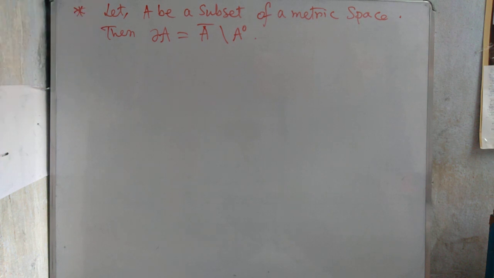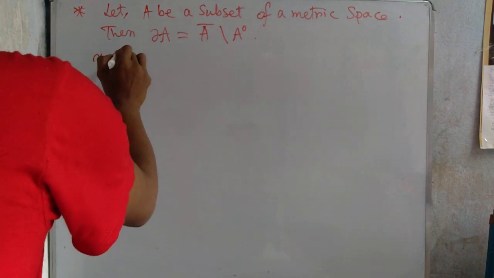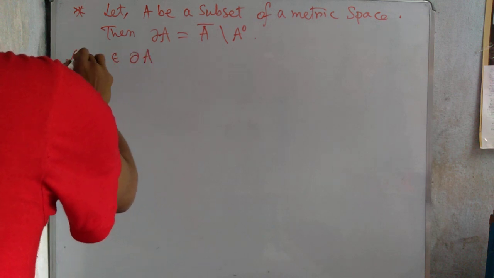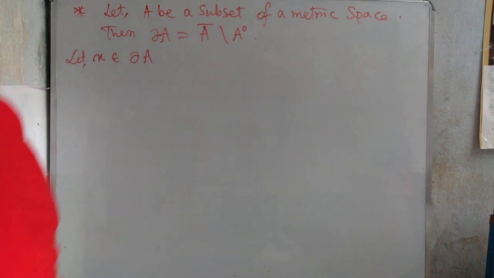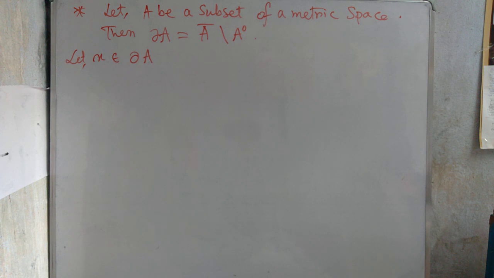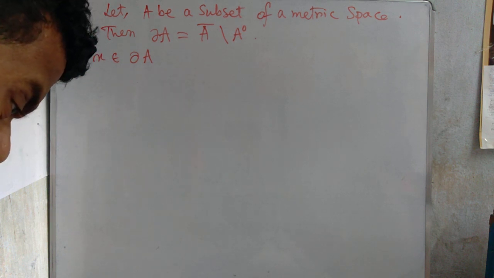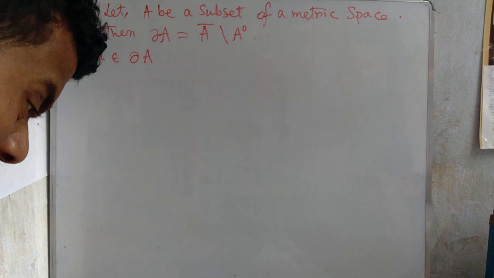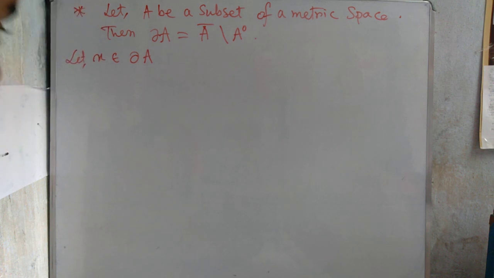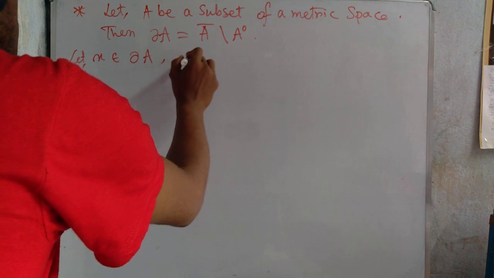First we talk about x belongs to del A. Then what happened? Then simply we know about it. x belongs to del A means what?